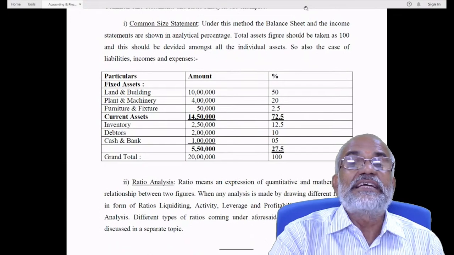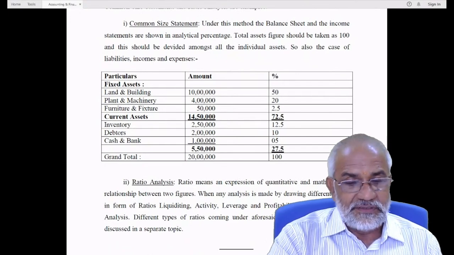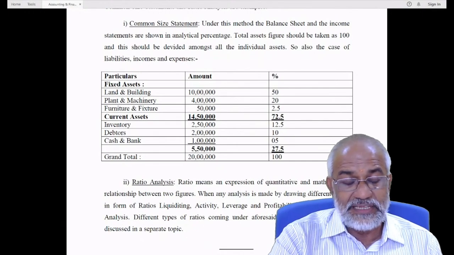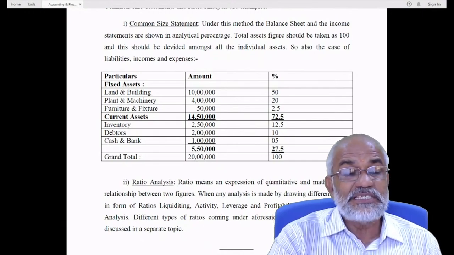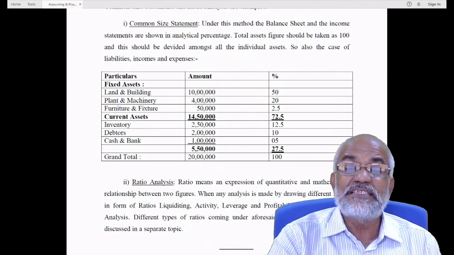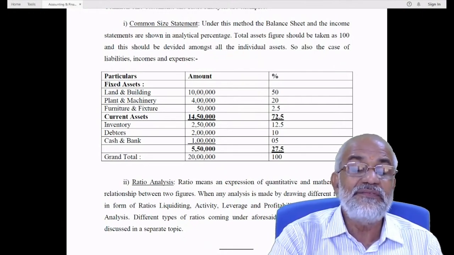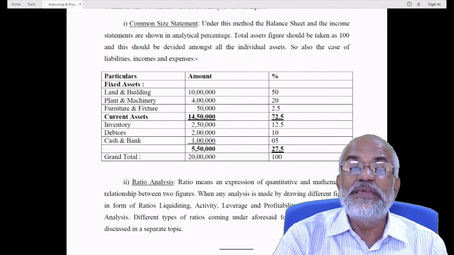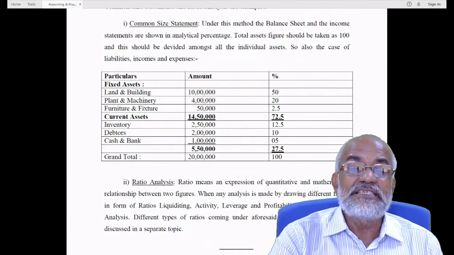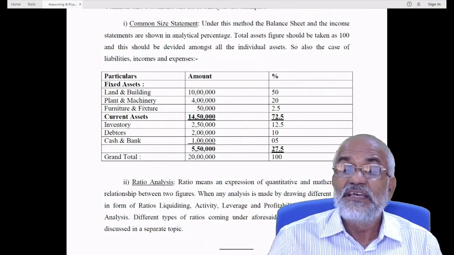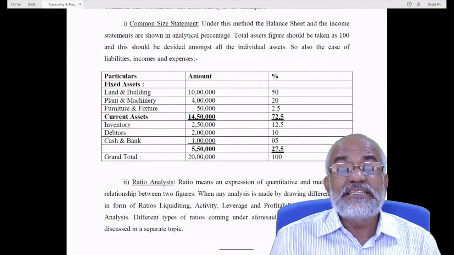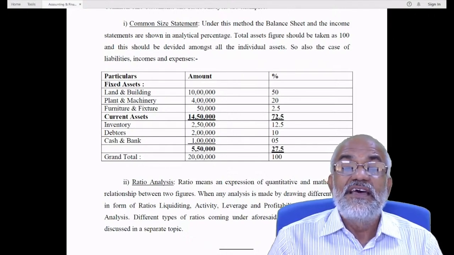Then the next component of vertical analysis is ratio analysis, where the figures of the same year of the same organization are considered for determination of certain result. Ratio means an expression of quantitative and mathematical relationship between two figures.